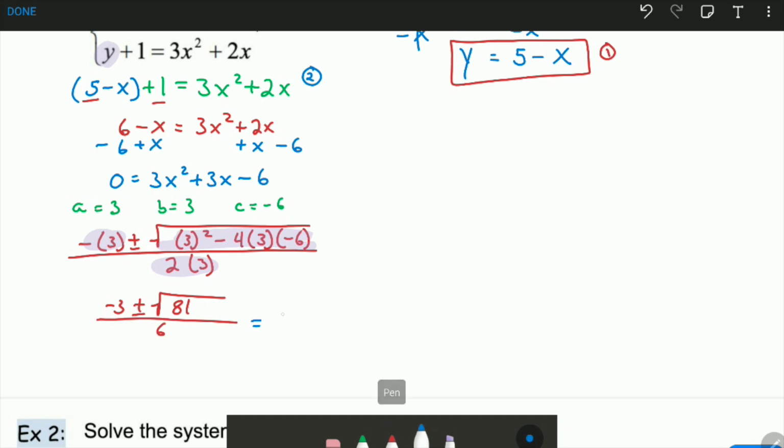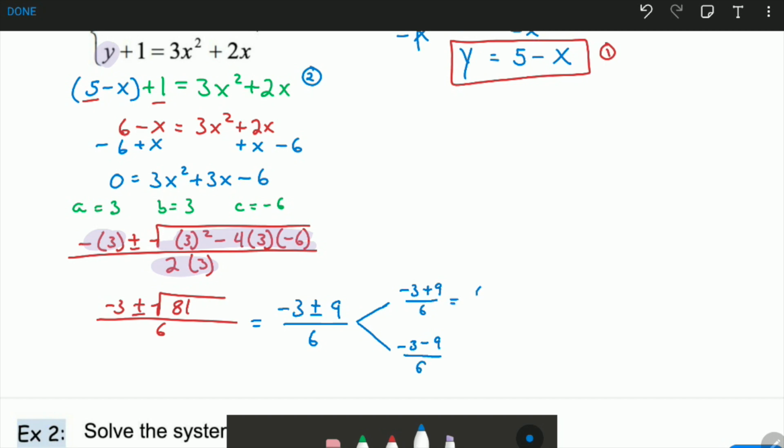Now, the square root of 81 is a perfect square, so that's great. Saves a lot of trouble. So negative 3 plus or minus the square root of 81, which is 9, over 6. It's a perfect square, so we'll separate it into the two cases. Negative 3 plus 9 divided by 6. Negative 3 minus 9 divided by 6.